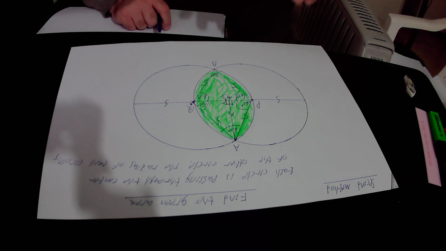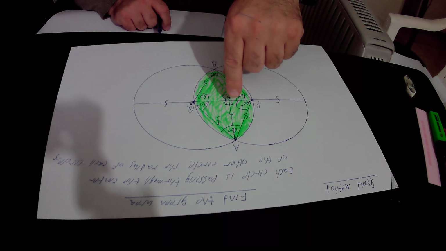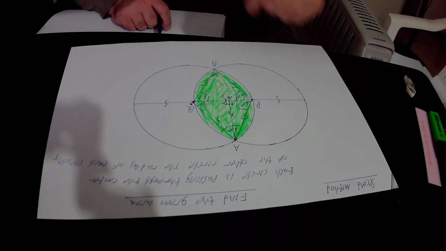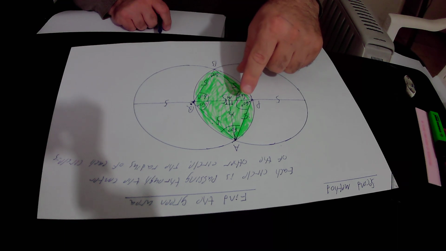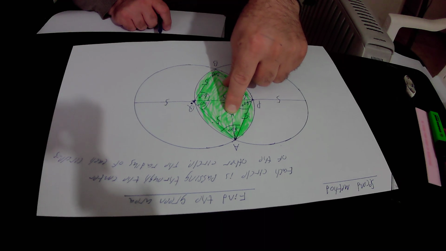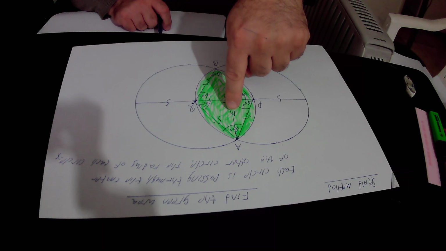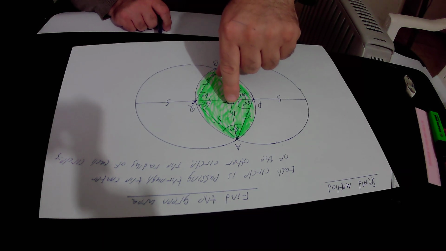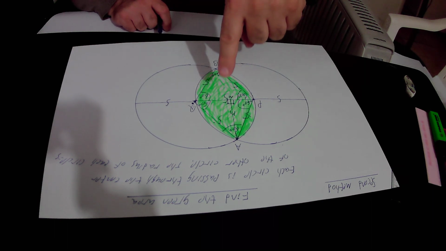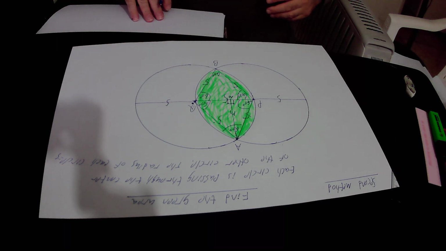Therefore, the area of this green shape will be equal to the area of those 2 triangles, but because those 2 equilateral triangles can go into each other, they have the same areas. So we can multiply the area of this equilateral triangle APQ by 2, and we get the areas of those 2 triangles, plus 4 times the area of segment AQ will give us the area of this green shape.